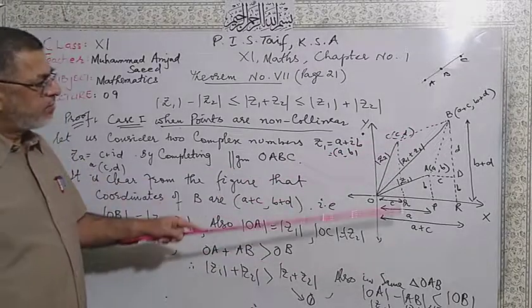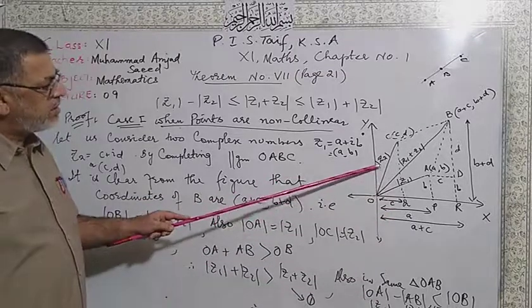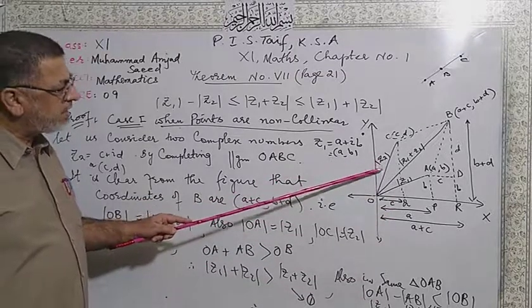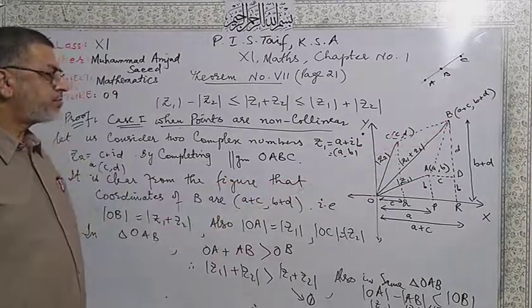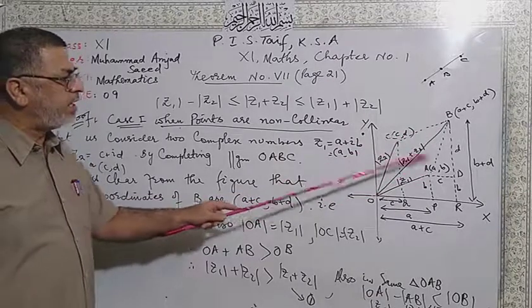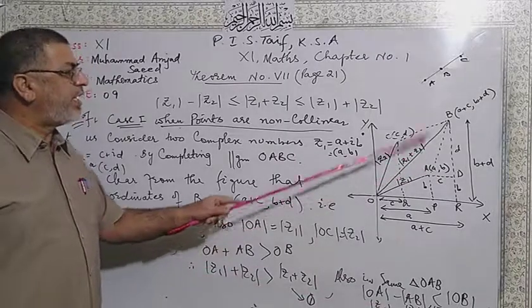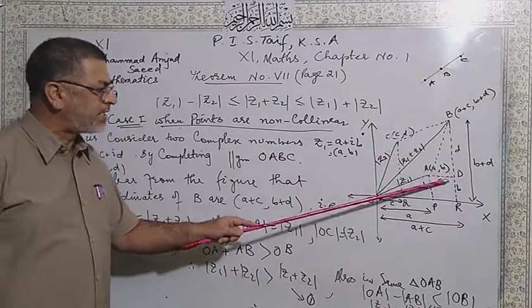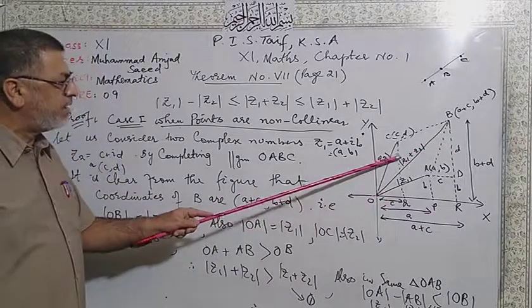Now you know what about z2 mod. Basically this OC is equal to AB. If AB is parallel to OC and equal to OC, then definitely AB will have the same X component and the same Y component, which were c and d.